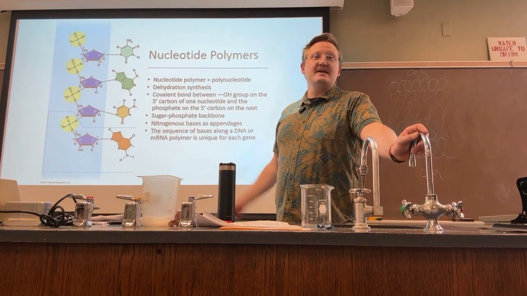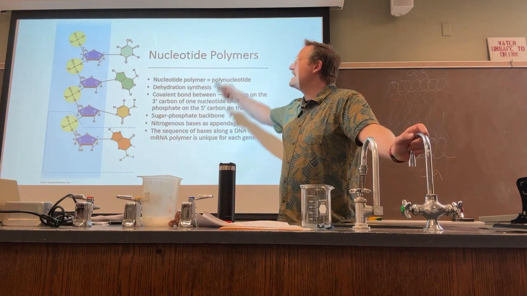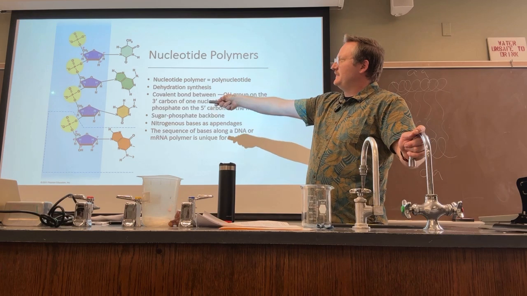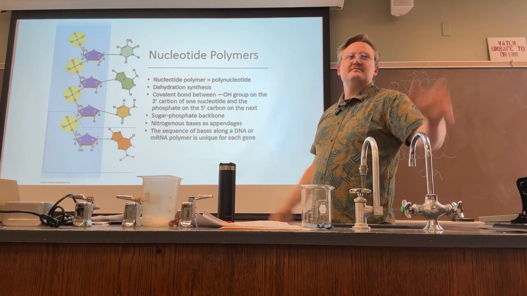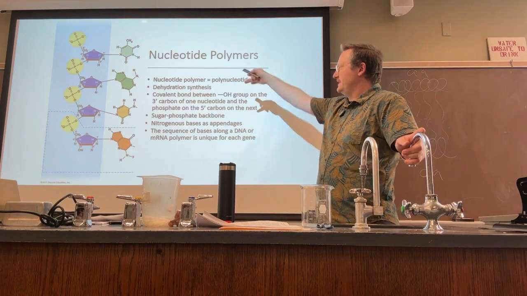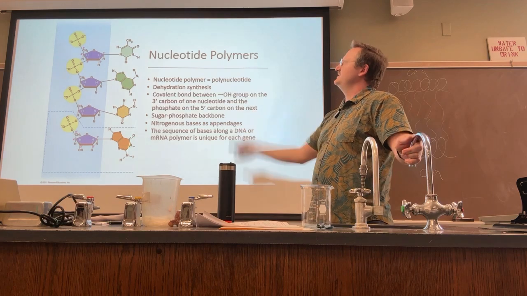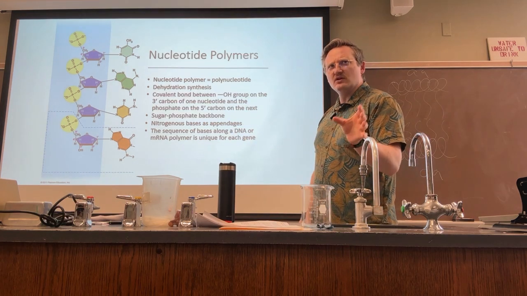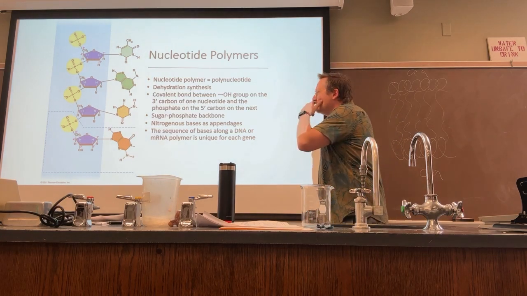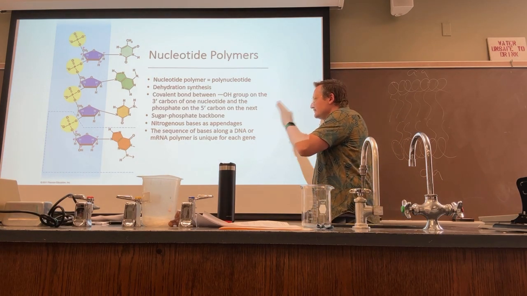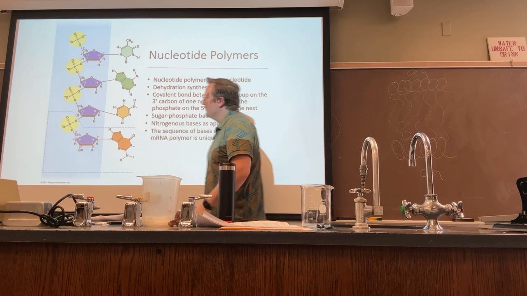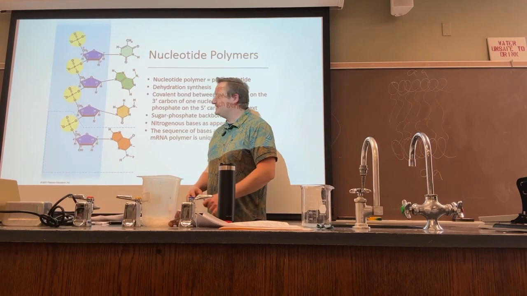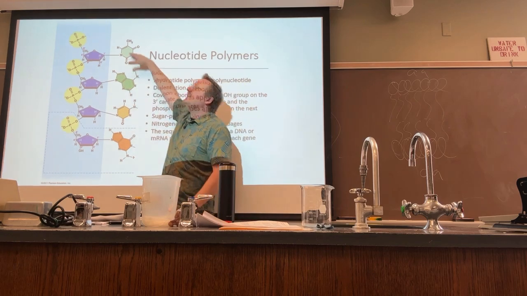Now here's a nucleotide polymer. This is a single-stranded nucleotide polymer right here. Sugar phosphate, sugar phosphate, sugar phosphate, sugar phosphate, with a bunch of different nitrogenous bases projecting off. So the sequence of DNA or RNA is determined by the sequence of bases.